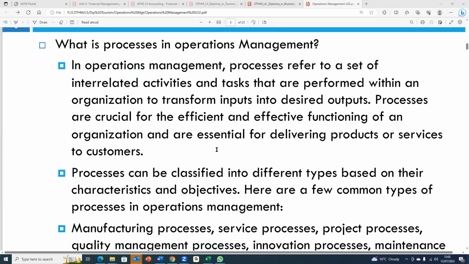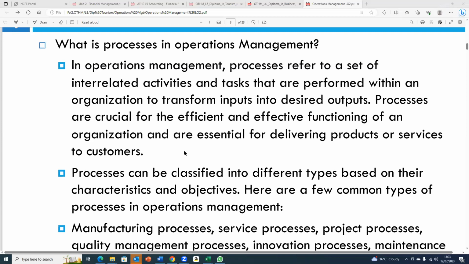These are the tasks that are performed in order to transform, as we talked yesterday, input into process and output. These are the continuous activities that follow one another in order to turn the input into processes and then into finished goods or finished output.